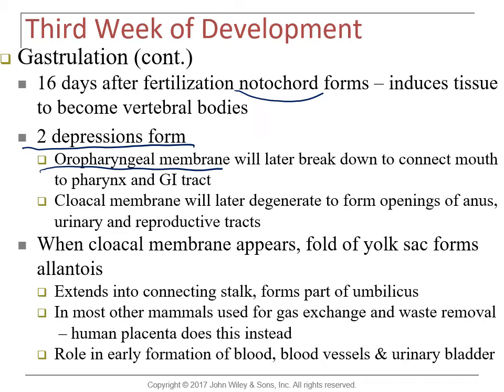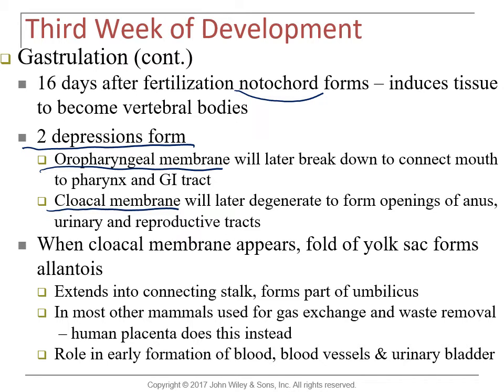It breaks down during the 4th week to connect the mouth cavity to the pharynx and the remainder of the gastrointestinal tract. The structure closer to the tail end is called the cloacal membrane, which degenerates in the 7th week to form the openings of the anus and the urinary and reproductive tracts.